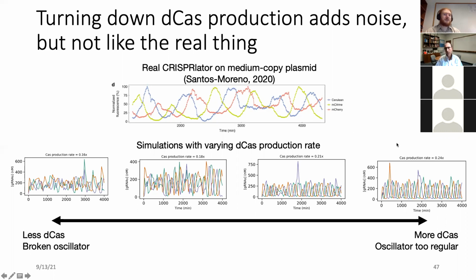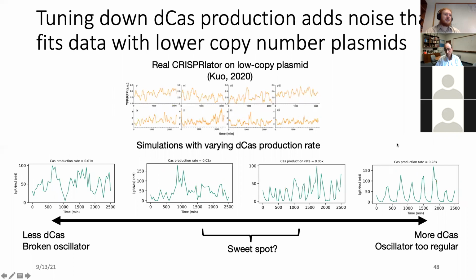The picture's a little different with data from the other paper. This is data from the Paulsson lab. And Paulsson's group made a CRISPR on a low copy plasmid, which does turn out to make some difference. If we simulate the CRISPR on a low copy plasmid instead of medium copy, and then we tune down dCas9 production, we actually get some results that look kind of startlingly close to the real results.